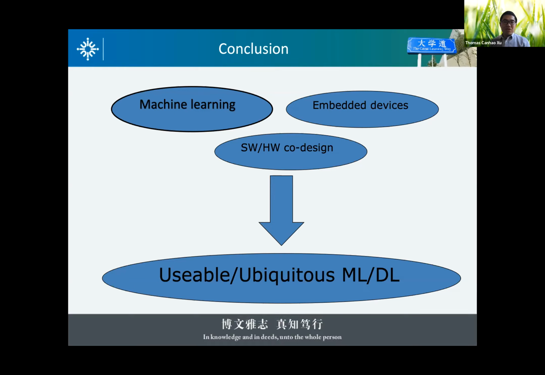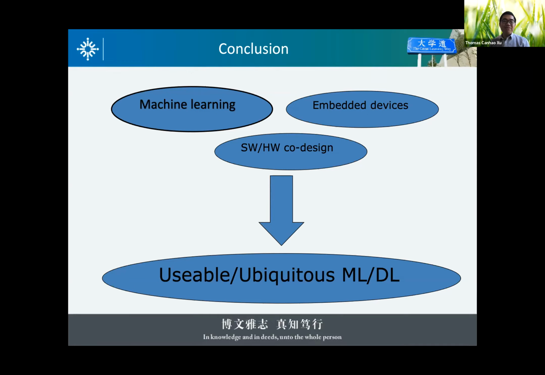So not only the machine learning, but you also have to think about what kind of platform you want to run your algorithm on, like what kind of embedded devices you have. For example, if you have an ARM device, you have a very limited processor. So what processing power do you have in the hardware, and what can you do with limited hardware resources?